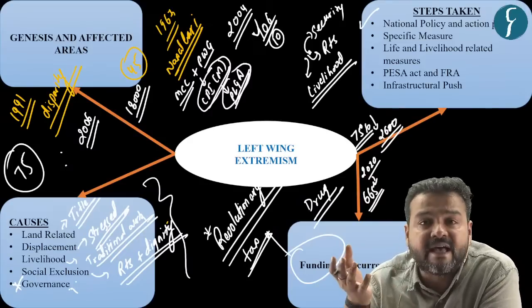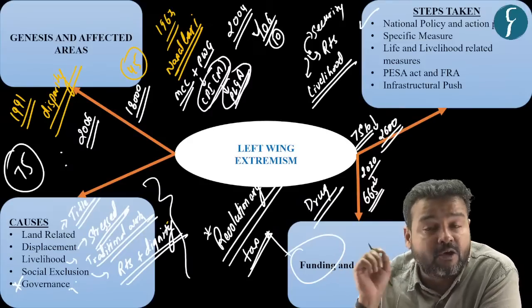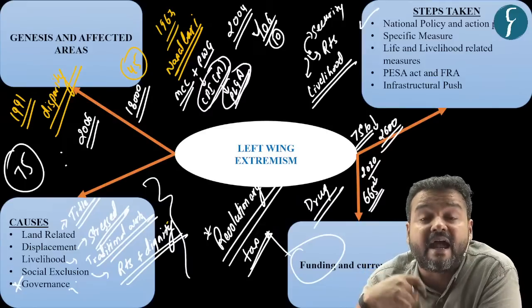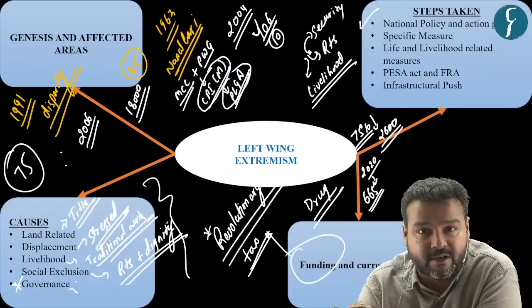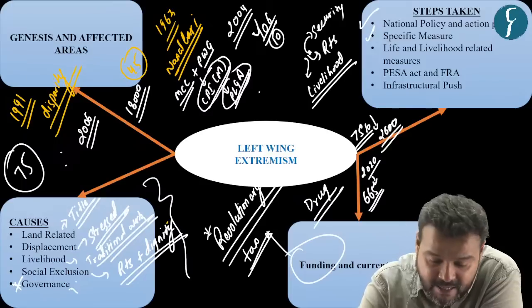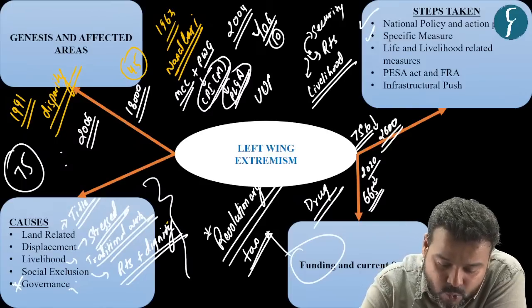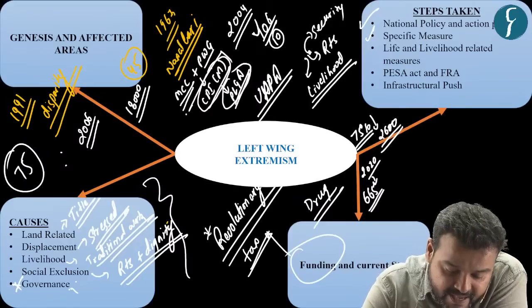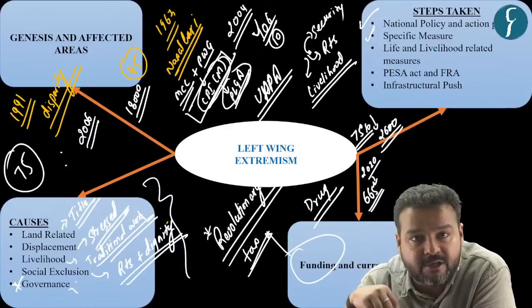So the center has developed this strategy. Now you know that law and order is a state subject, but the center is acting as a coordinator or a facilitator for the states. So there are some specific steps like the amendment in UAPA, through which they have banned the CPIM, that is CPI Maoist.